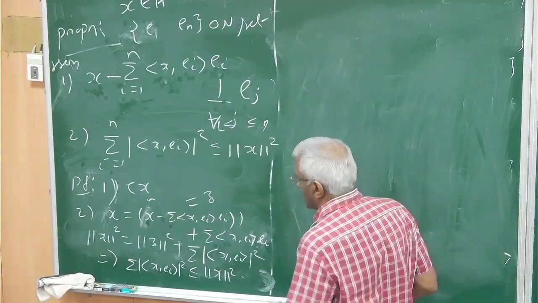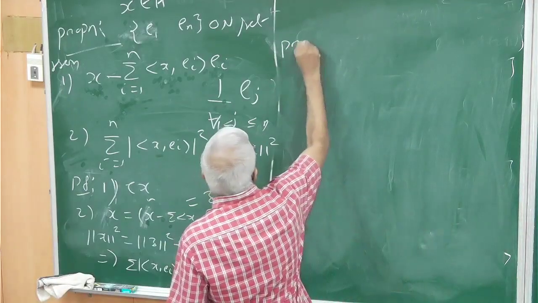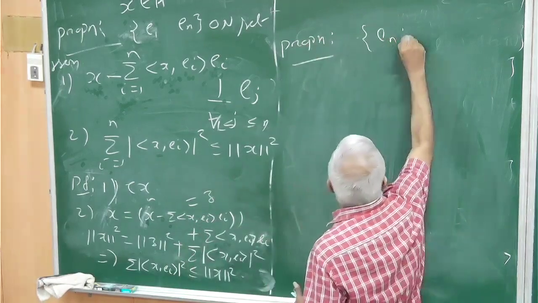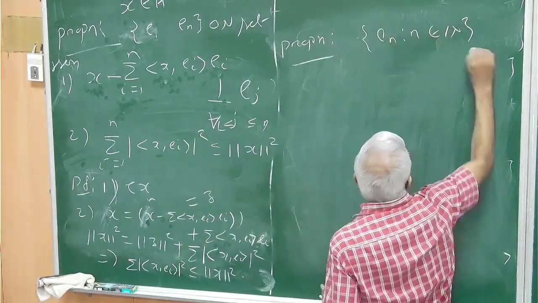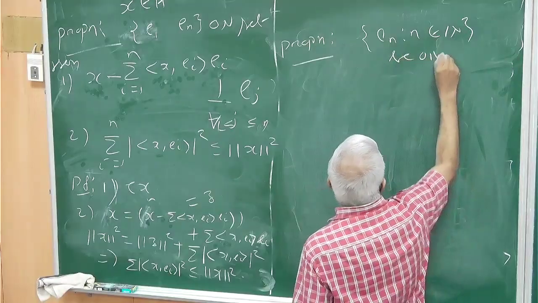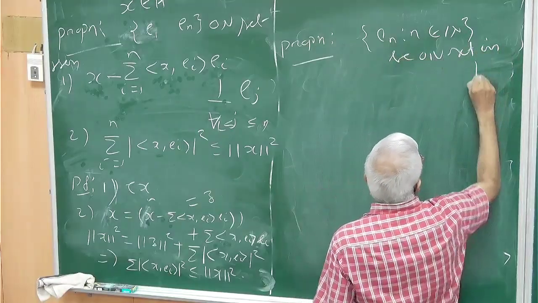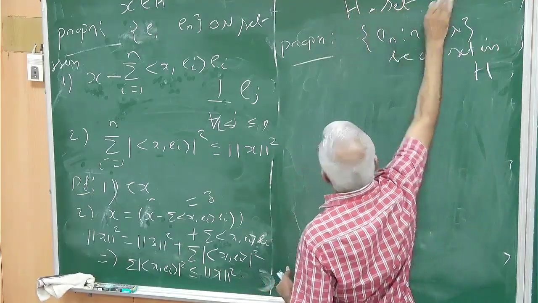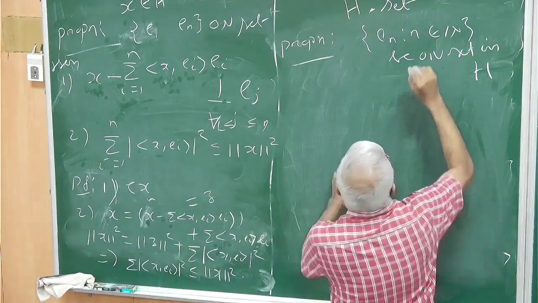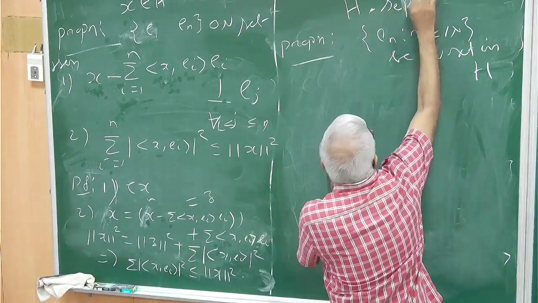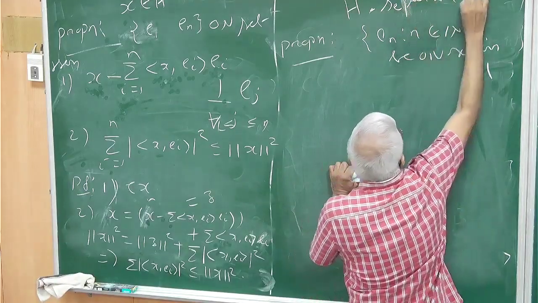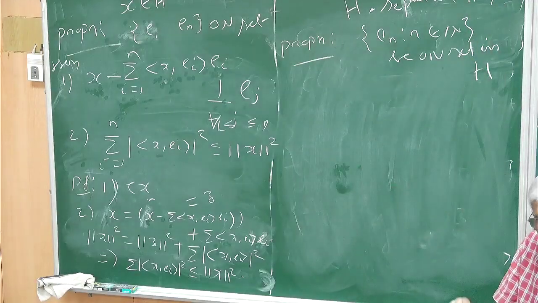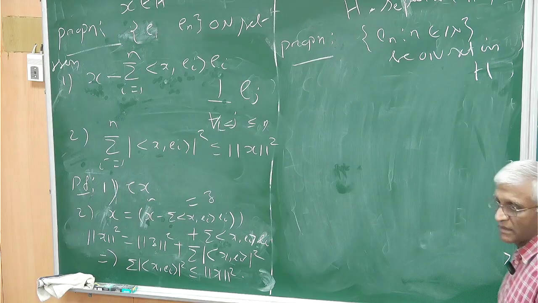Now, proposition. Let e_n, n in N, be an orthonormal set in H. H is a separable Hilbert space, so any orthonormal set is countable.